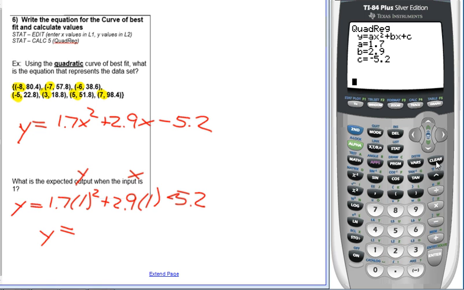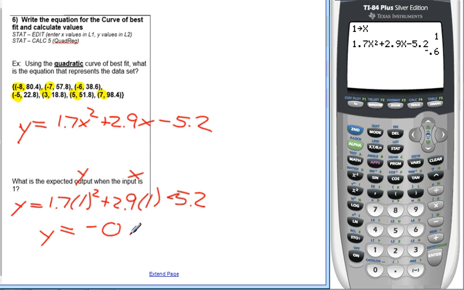Because the easiest way is to store the value of 1, to do 1 stow x, and then I can just enter in 1.7 x squared plus 2.9 x minus 5.2. It tells me that my y value is going to be negative 0.6. So when my input is 1, my output is negative 0.6.